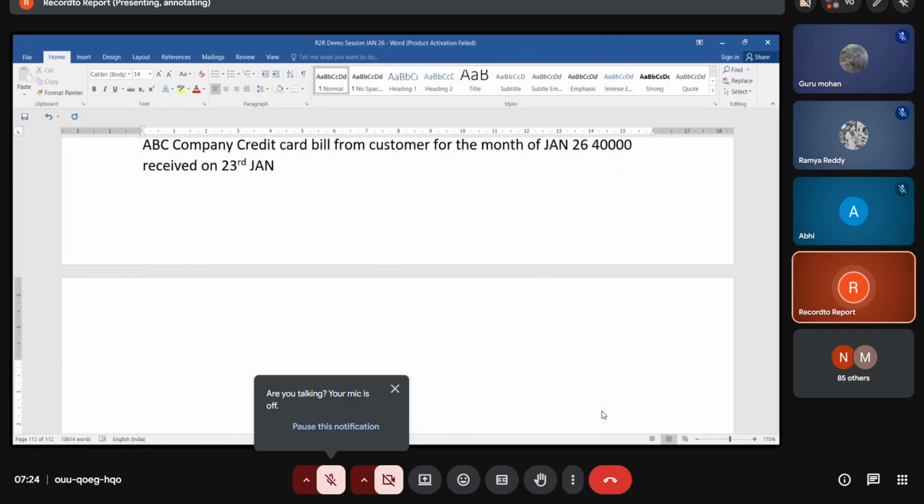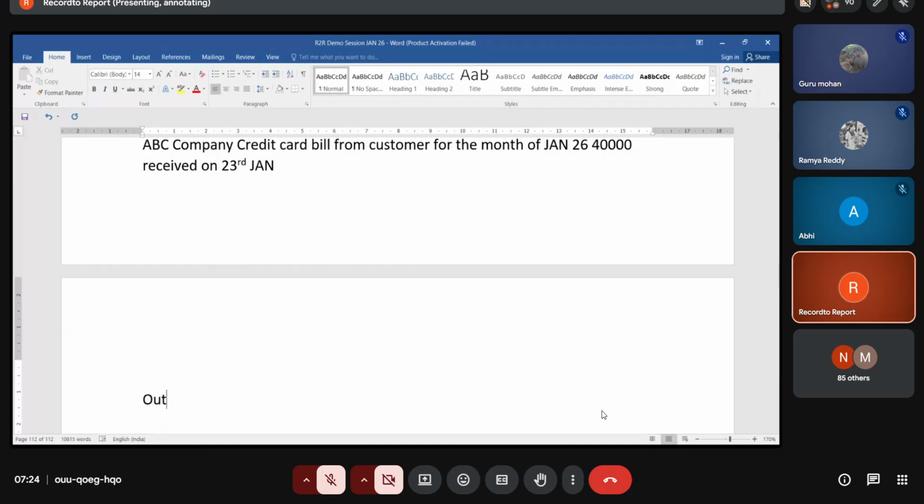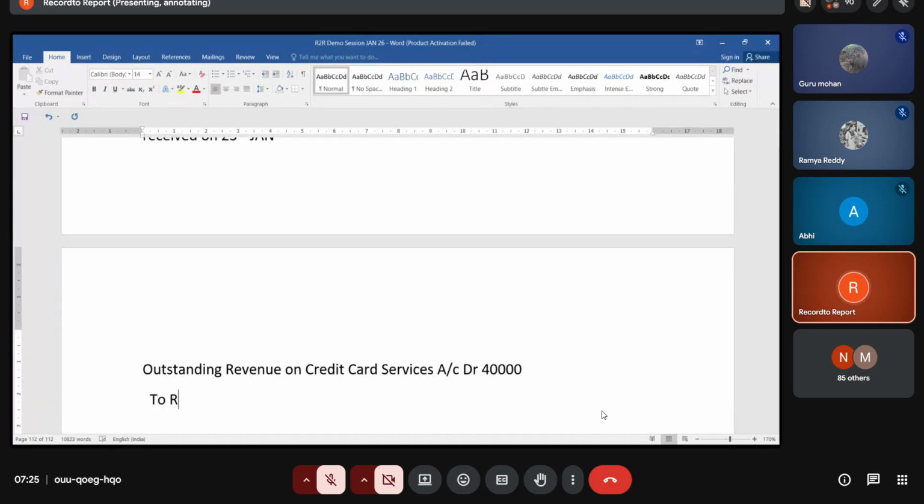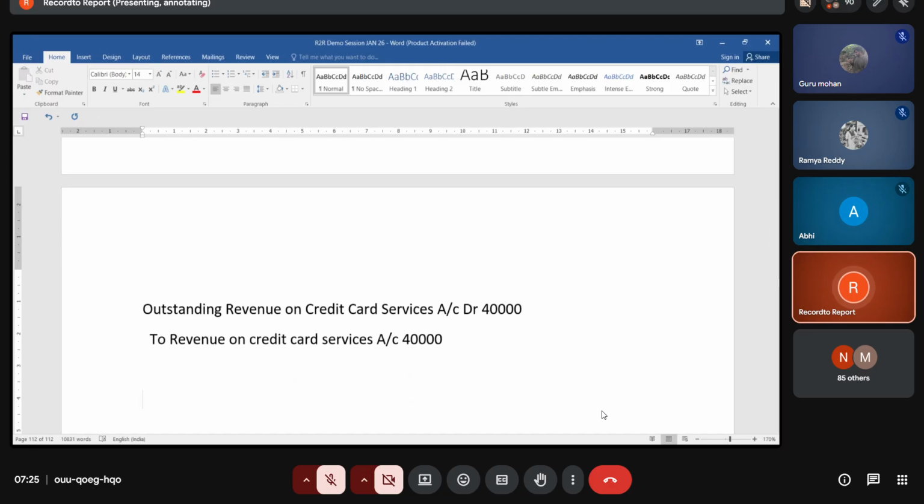So in the books of ABC company, what is the entry to be recorded? Outstanding revenue on credit card services account debit 40,000 to revenue on credit card services, 40,000. Assume you are working with an HDFC credit card.